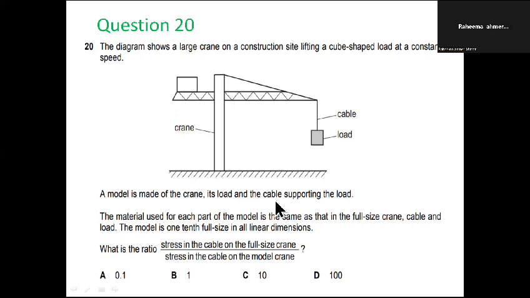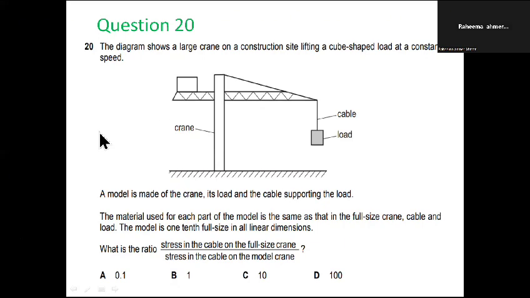So the linear dimensions are the dimensions which we just take by measurement, and we don't find them by formula. And so the model is 1/10. If the model is 1/10, this means that the full-size crane would be 10 times the model. If you use this, I think it will be much easier for you to understand.